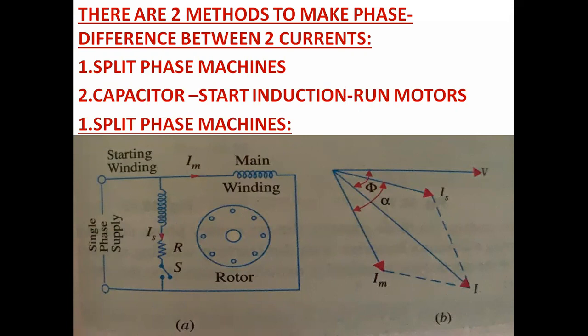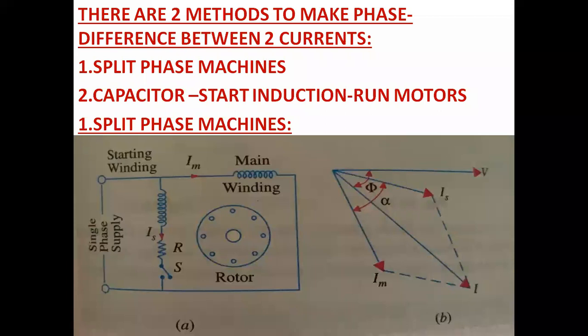The main winding shown here has low resistance but high reactance. This is quite opposite in the starting winding. The starting winding has high resistance but low reactance.